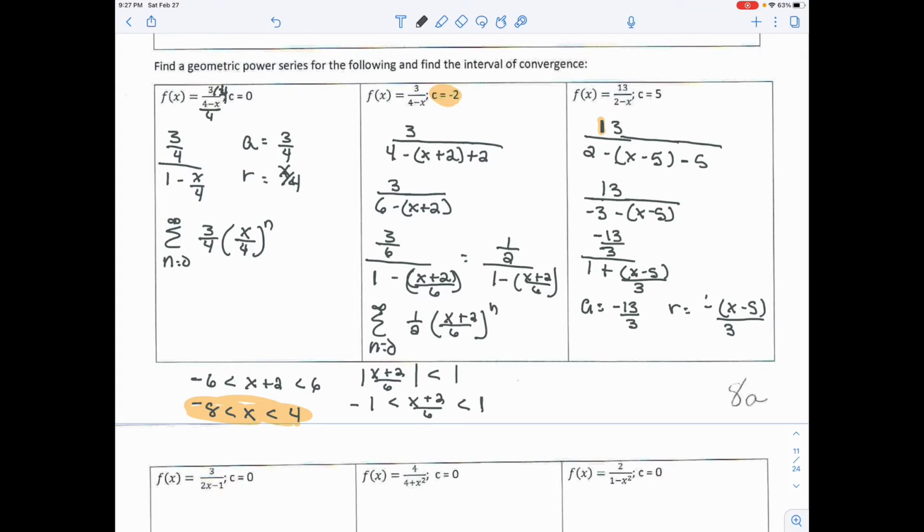And the reason it's negative is because remember the formula is 1 minus r. So in order for that to be true, r would have to be negative here. So I get a times r to the nth power. A couple of different things that we can do with that.